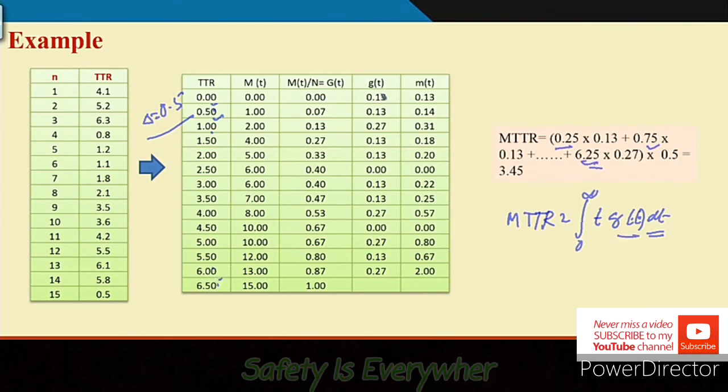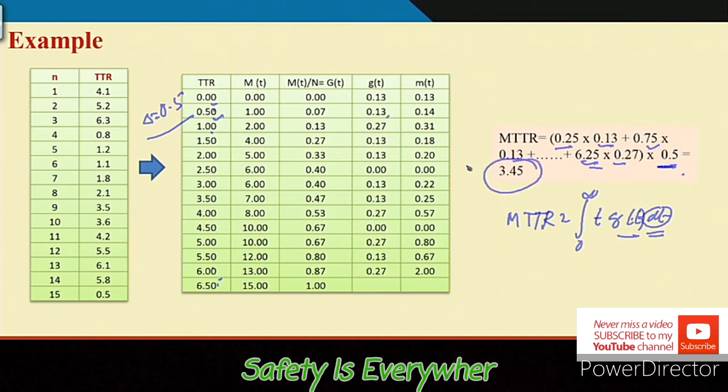And what are the g(t) values? For the first one it is 0.13, second one again 0.13, and the last one 0.27. And what is the dt value? The delta value is equal for all the cases. That is why we have multiplied finally, and you are getting these values. This is the mean time to repair.